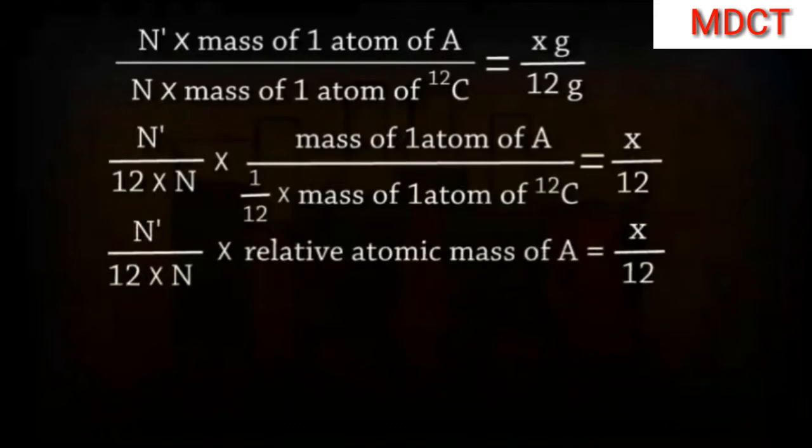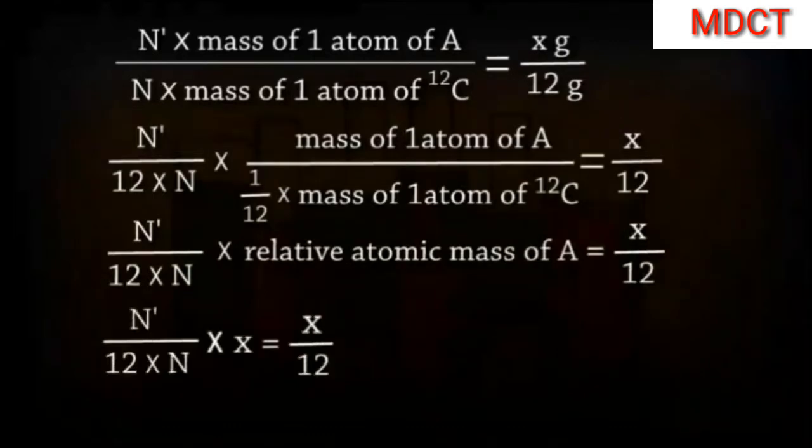N' by N into relative atomic mass of A is equal to X by 12. N' by N into X is equal to X by 12. So N' is equal to N.